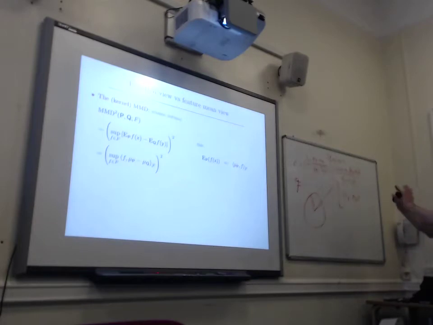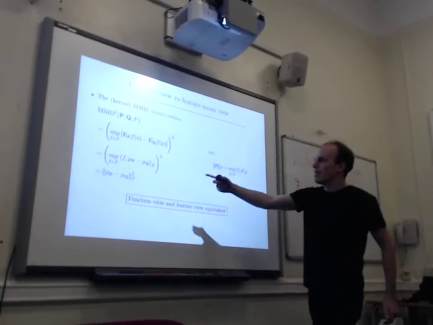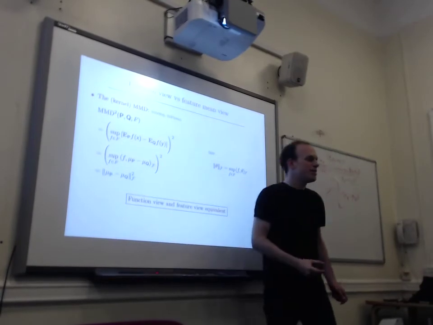So given this, what I'm getting down here is just the square of the norm of mu P minus mu Q, because I've got a square here, so that goes through.